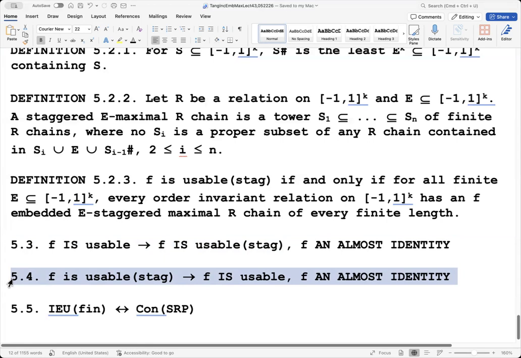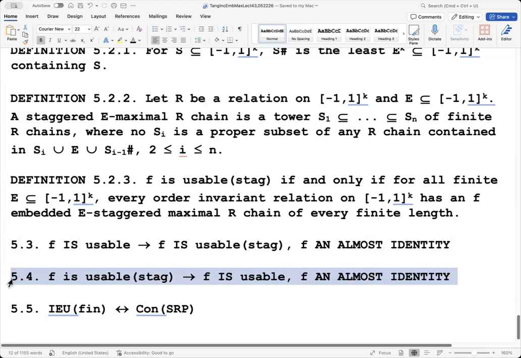This is about to be written up, and it should be pretty straightforward. I think I'll probably use the compactness theorem directly rather than non-standard models. I might use non-standard models if the compactness theorem has any complications.